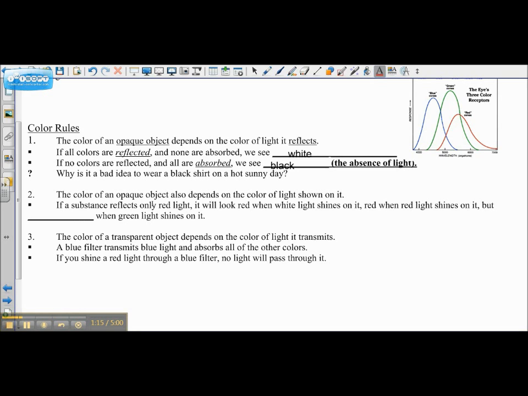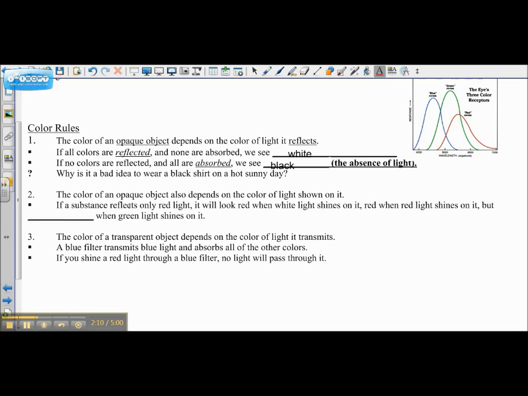The color of an opaque object also depends on the color of light. For most things, we're going to assume white light, which means it reflects all of the colors potentially. But what if we have a certain color of light, for example, like in a photography room, where you have only red light? If a substance reflects red, it will look red, period, because it will reflect red light. It will also look red in red light, because red light includes red, and so it will look red.